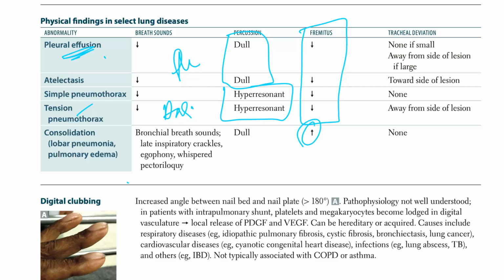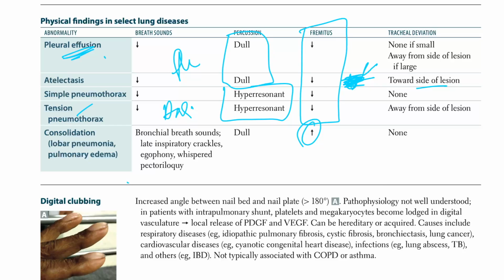So looking at the tracheal deviation, atelectasis is the only one which causes the trachea to deviate towards the lesion. Because of that, as a mnemonic, you can say the mass is pulling it towards that side, toward the site of lesion.